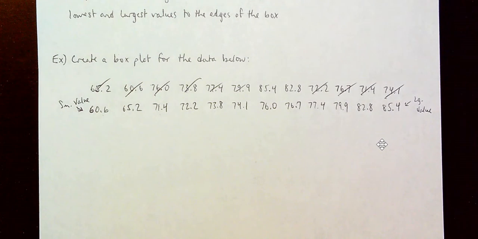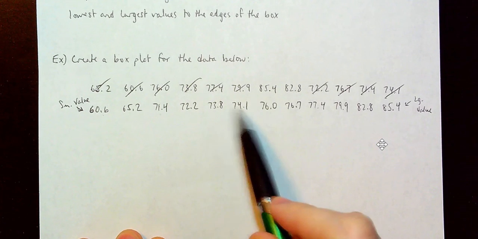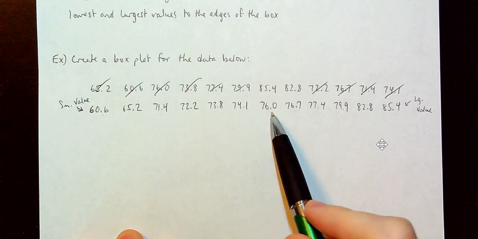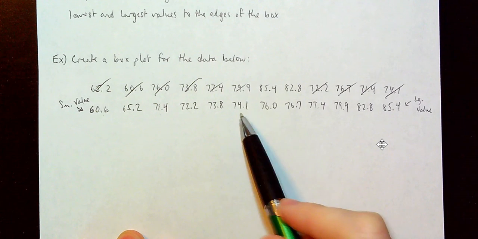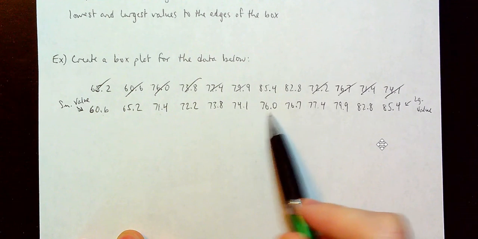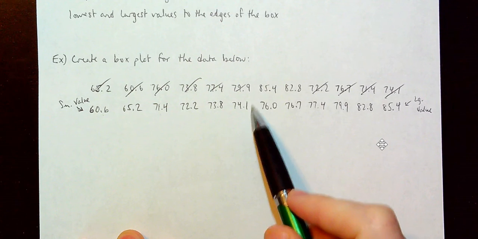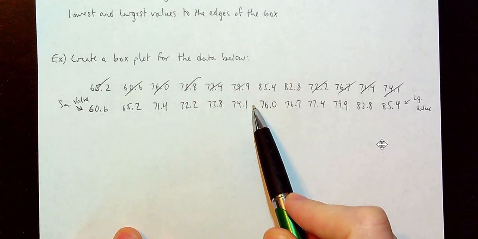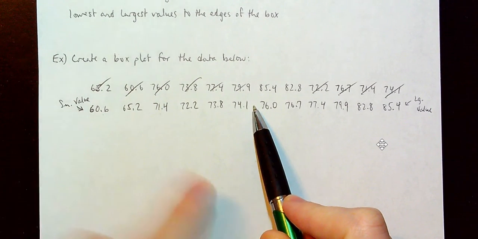So the median for the whole set of data, this is the 6th value, that's our 7th value. If we take the average of these two numbers, then that average is going to be our median. That's going to split our data in half.